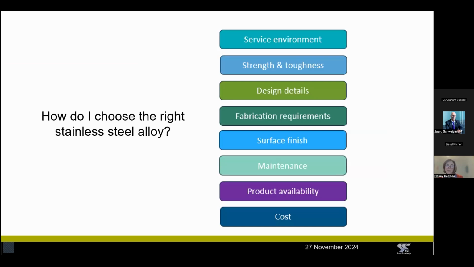How do I know which alloy to choose? I've put on this slide some of the considerations which you would need to go through, of which the most important is the service environment.